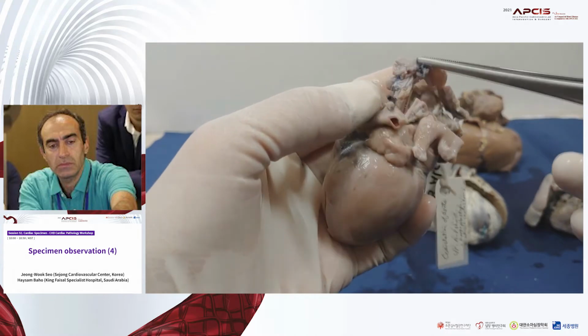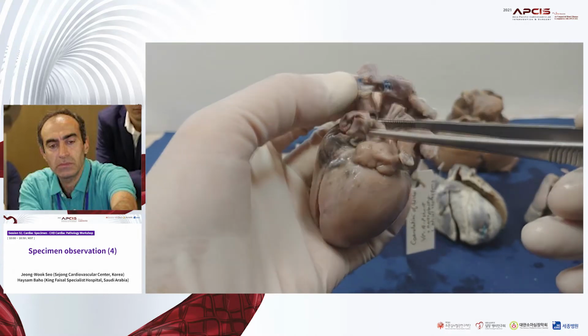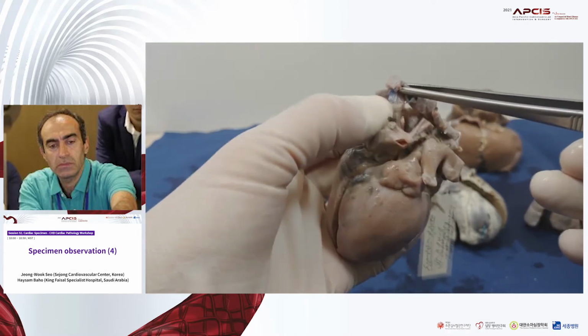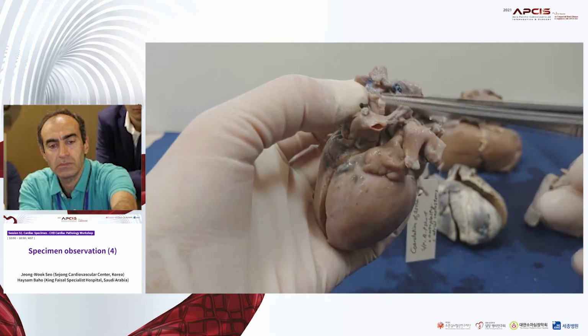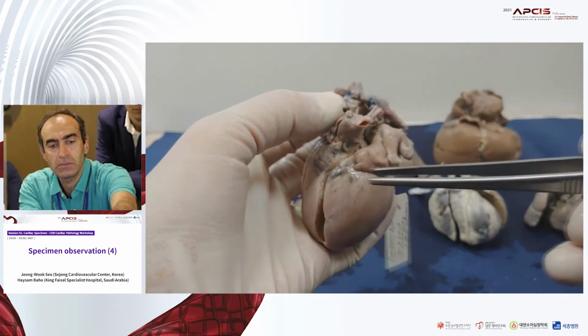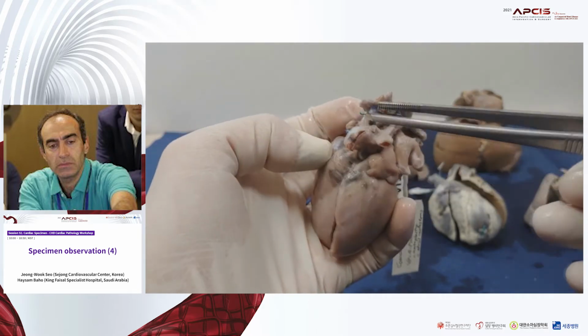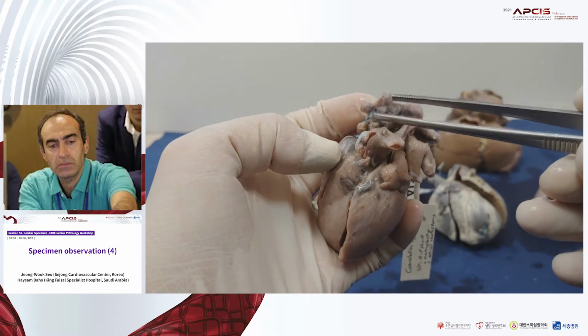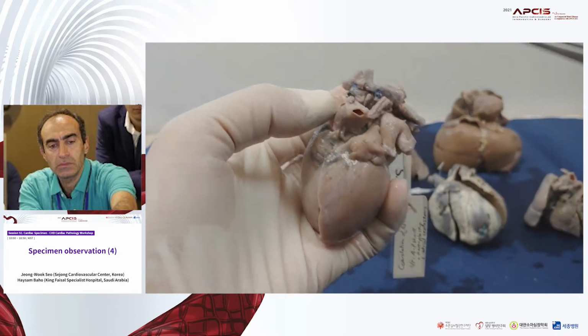So the transverse arch has less perfusion and becomes hypoplastic, whereas the ascending aorta receives part of the cardiac output and supplies the head and neck vessels, as we see right here.